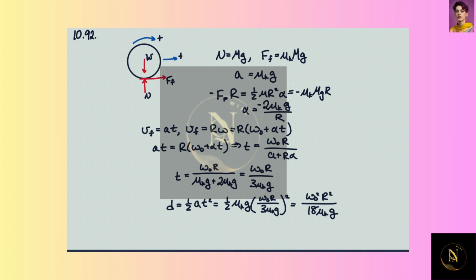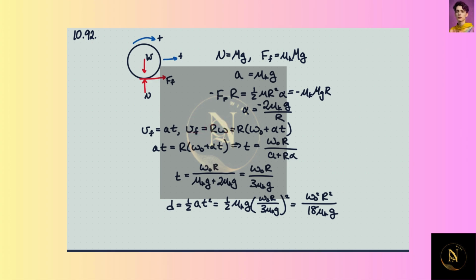Now, the final velocity when we start rolling without slipping is, we have an acceleration here, and then we have some time. So after some time, we don't know what this is yet, we start rolling without slipping. And then we also know that when we start rolling without slipping, that velocity is going to be r omega.